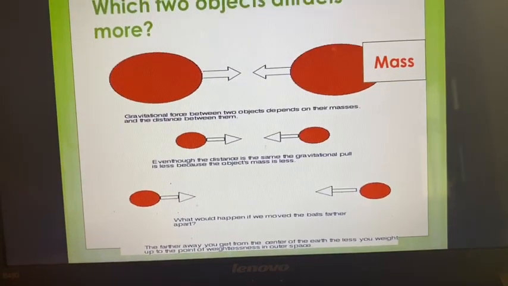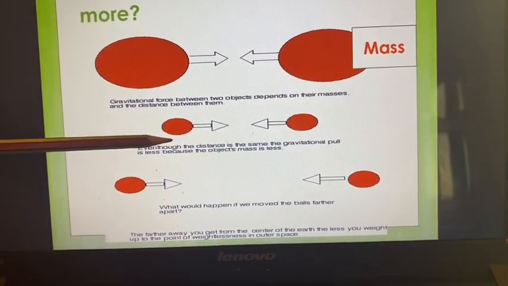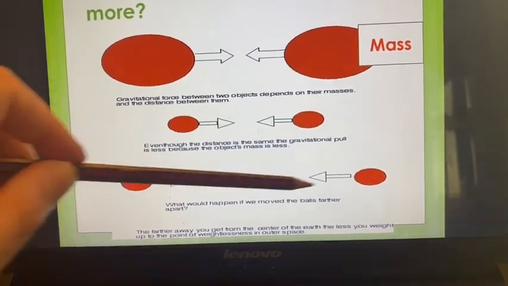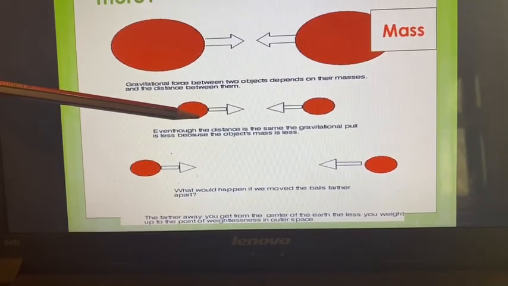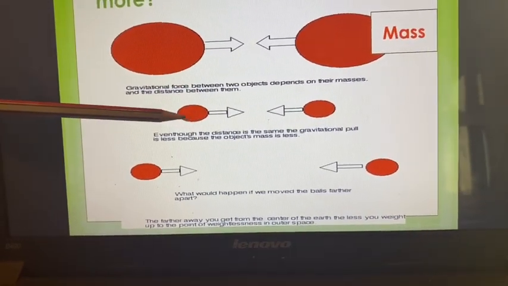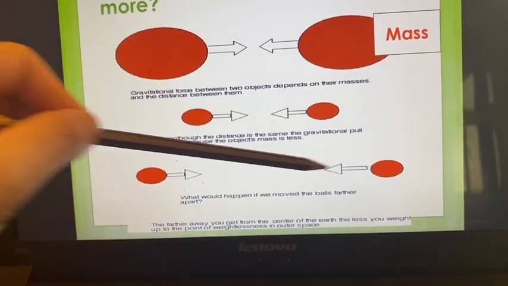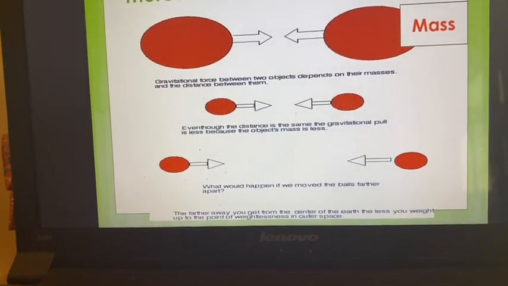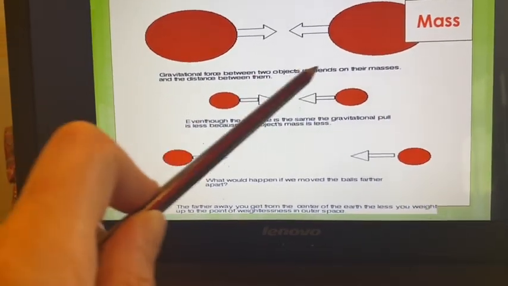Okay, let us now compare between number 2 and number 3. They have the same mass, but the difference between them is that they have different distances. Which of them will attract each other more, will pull each other with a bigger force? The small distance or bigger distance? For sure, smaller distance will attract each other more.